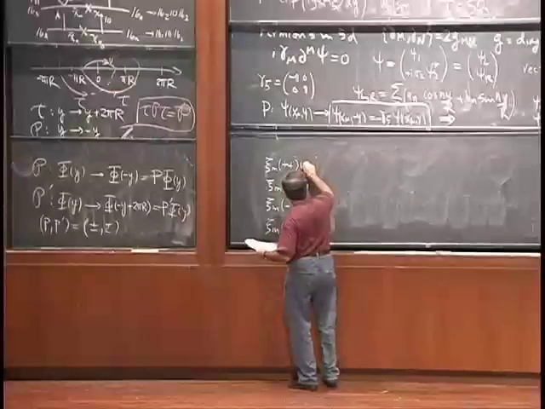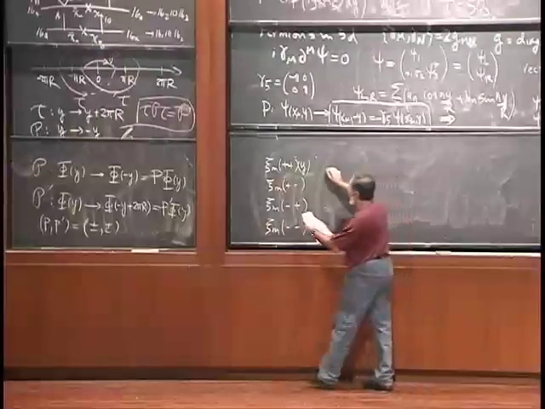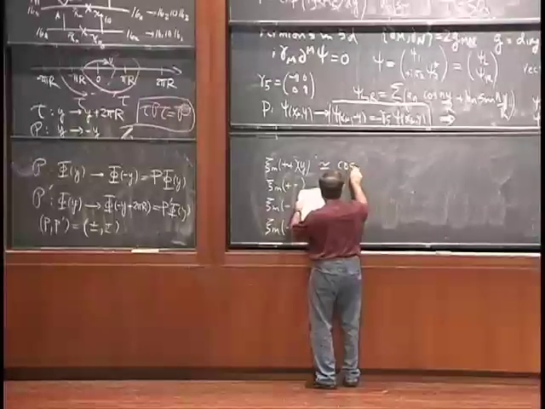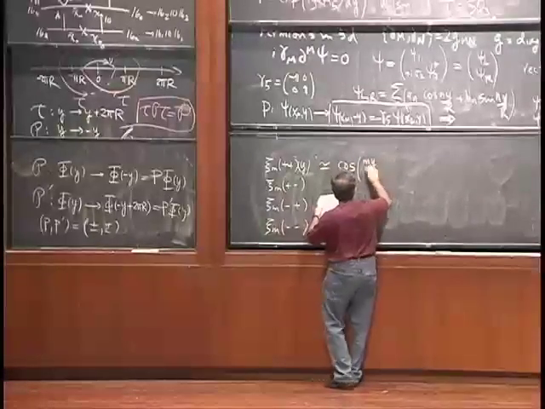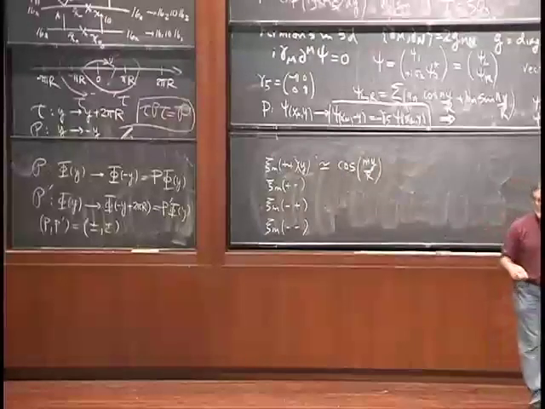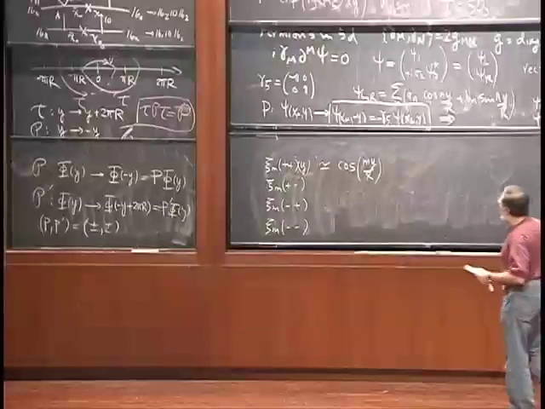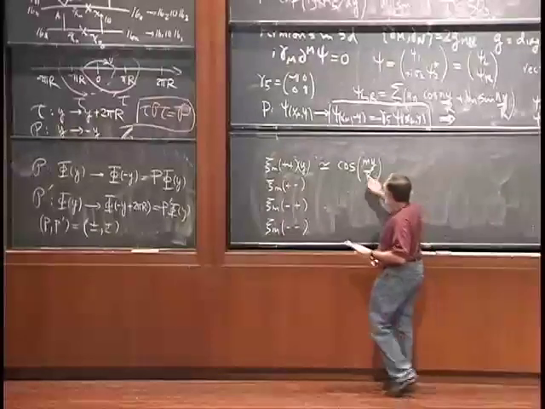All of them are functions of y. And this is going to be proportional to cosine of my over r. That'll satisfy positive boundary conditions under the first P, or positive boundary conditions under the second P prime.